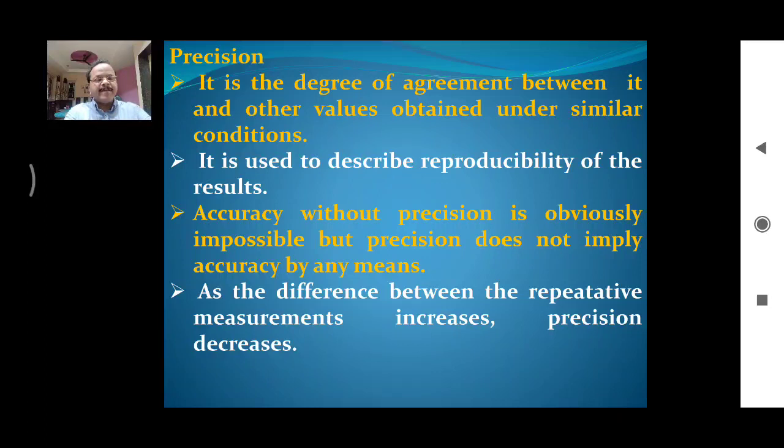If you look at the series of readings, there is a difference in the readings, and this difference increases from 0.1 to 0.2, 0.3, 0.4. So in such a case, precision decreases.